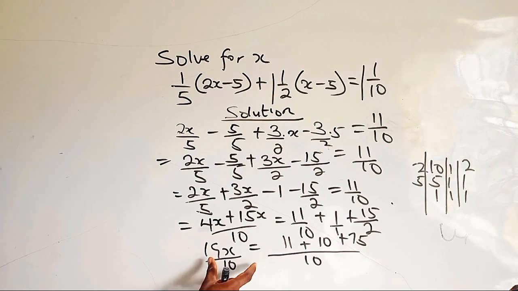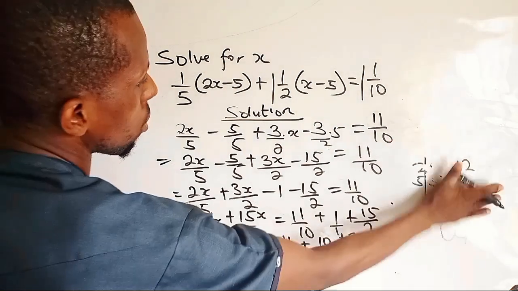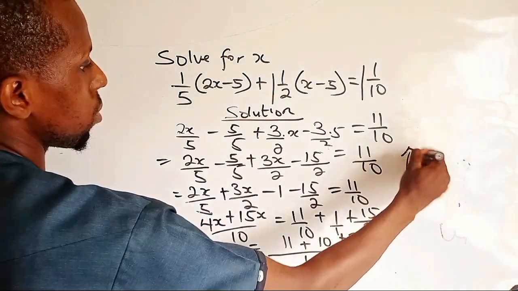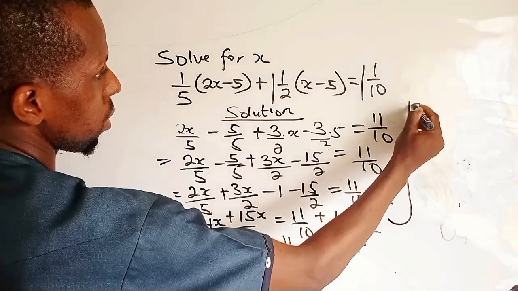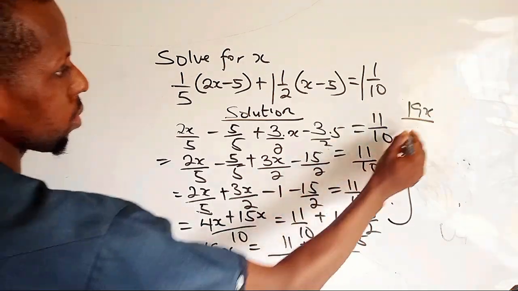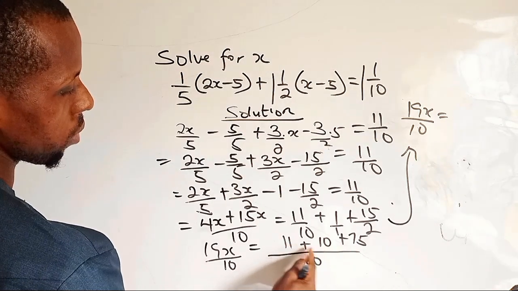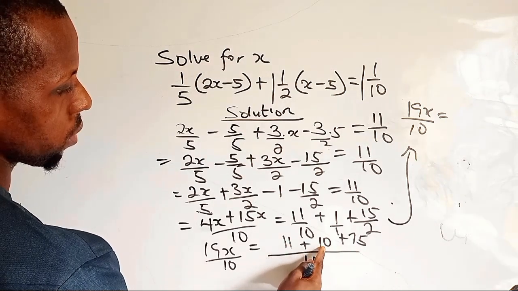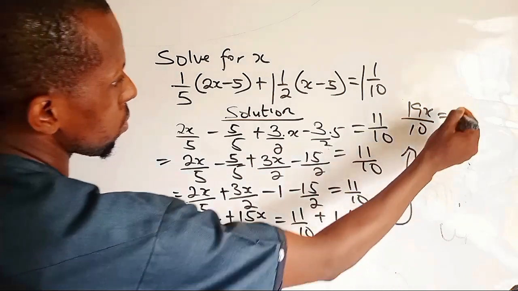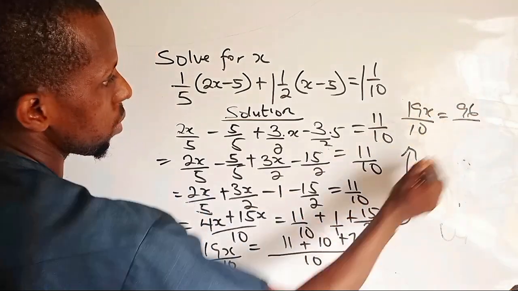So from here now, we have 19x over 10 equals, so when we do our addition here, when you add this to this, 11 plus 10 is 21, 21 plus this is 96 over 10.